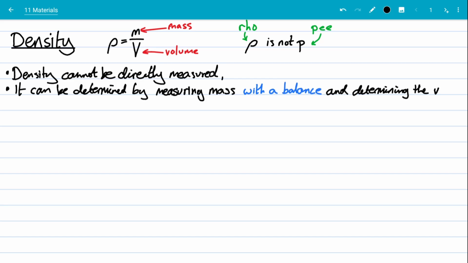Now, there are different ways of determining volume depending on the nature of the body, the density of which we're trying to determine.